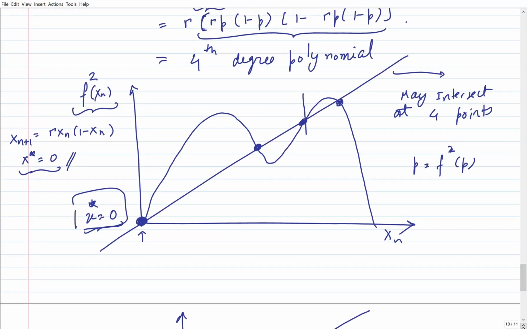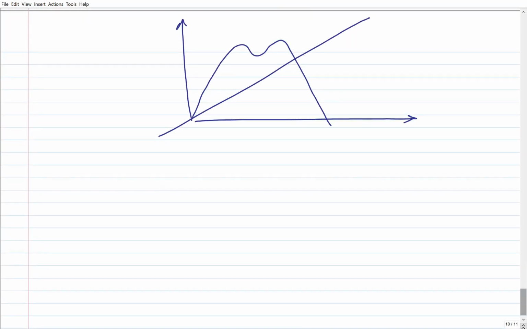So this was my other fixed point, x star. That was the other period 1 point, or the fixed point. And these guys were my p and q. And how do we solve for p and q?